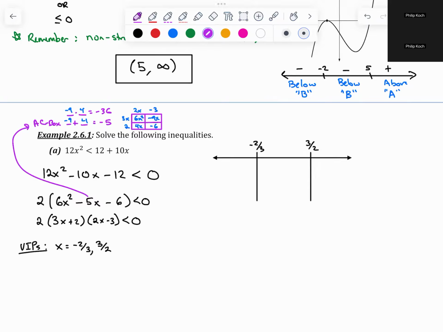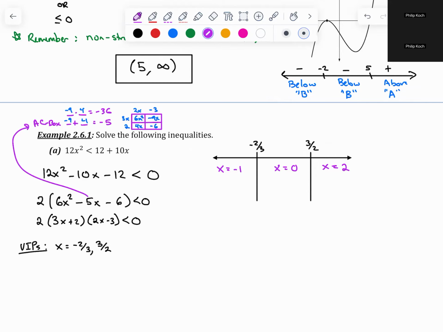If you don't know what those are, especially if they're not nice fractions, they usually are, you can always use your calculator to find the approximation to figure out what number to test. So negative 2/3, that's negative 0.6 repeating, so I can pick -1. Whenever you have the option to pick -1, 0, or 1, absolutely do it. I'll pick x equals 0 between these two. And then 3/2, that's 1.5, so we could do x equals 2.